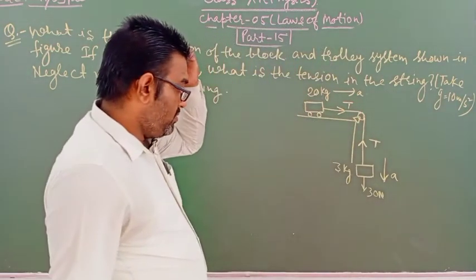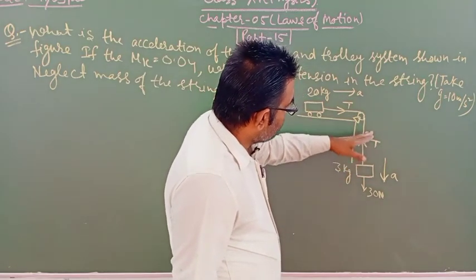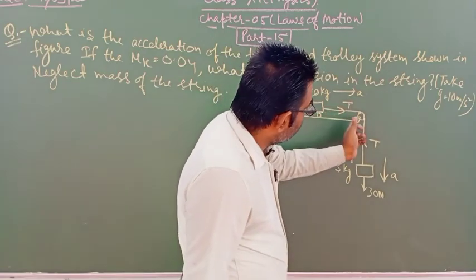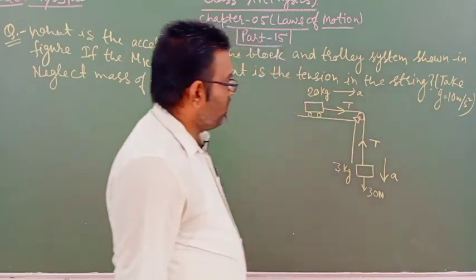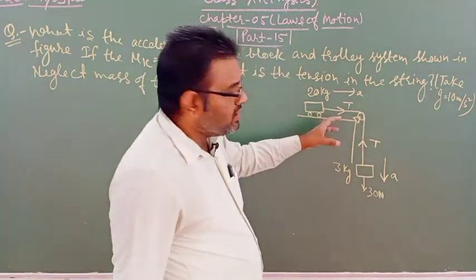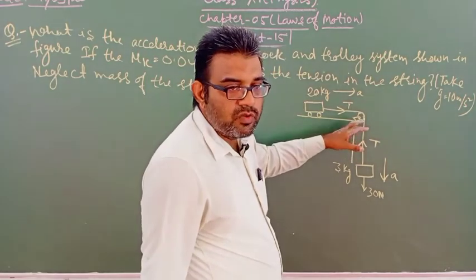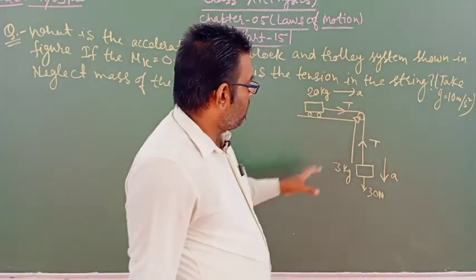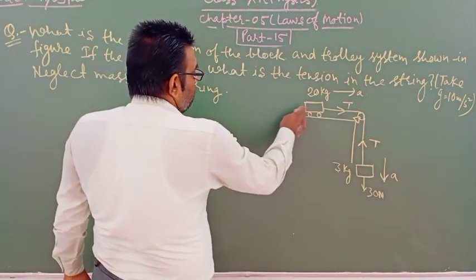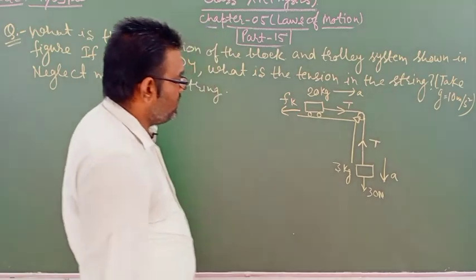Since the weight is in this direction, tension T acts here, and to counterbalance it, the tension T in this string acts along this direction. So the net tension is equal to 0. Tension acts in this direction, and another force, Fk, is acting in this direction.